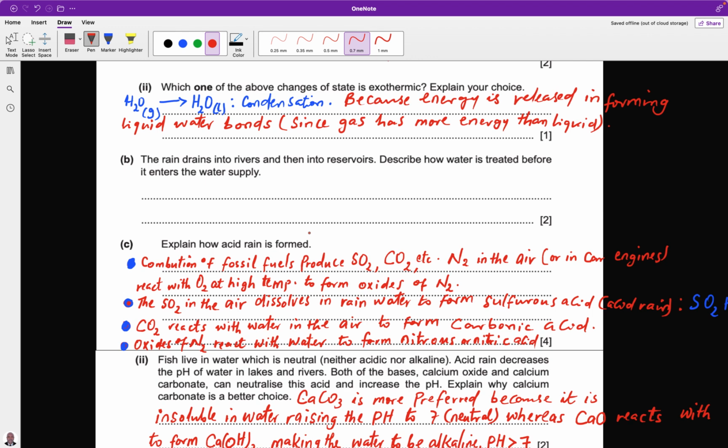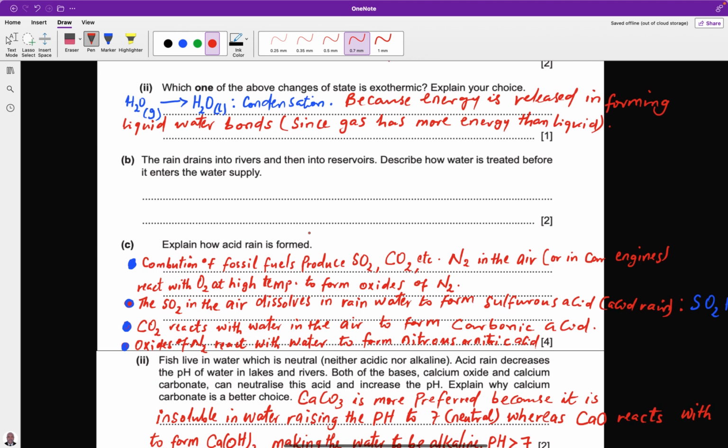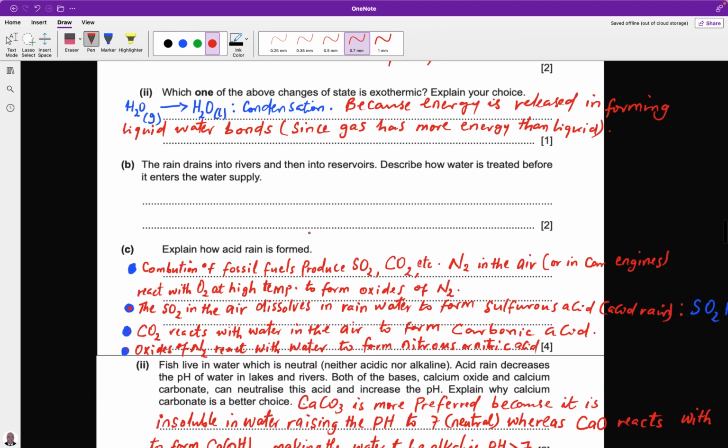As I said the other time, there's filtration. The impure water is filtered.